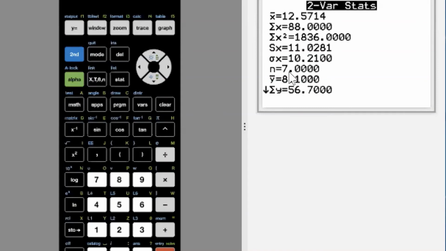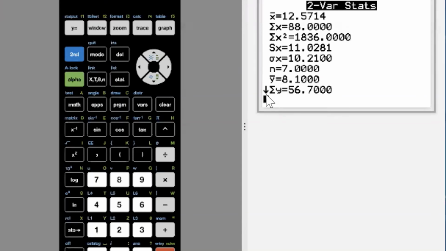Sigma x equals 88. Now, what is the sum of x squared, just below that? 1836. Very good. And if you go down, what is the sum of y? 56.7. Very good.